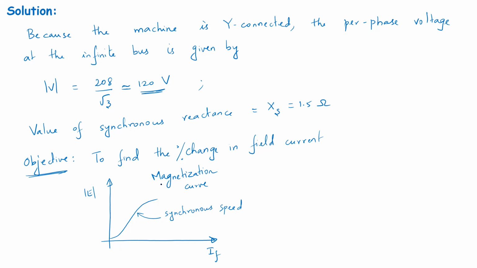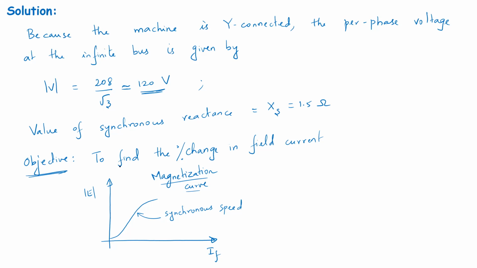Okay. So from the magnetization curve, I know that as long as the speed of the machine does not change, which is the case in our problem, because the machine is connected to an infinite bus, the speed cannot change. So the speed remains fixed. So the change in field current, which is what I want to find, can be indirectly obtained. The percentage change can be indirectly obtained by calculating the change in the excitation EMF magnitudes.